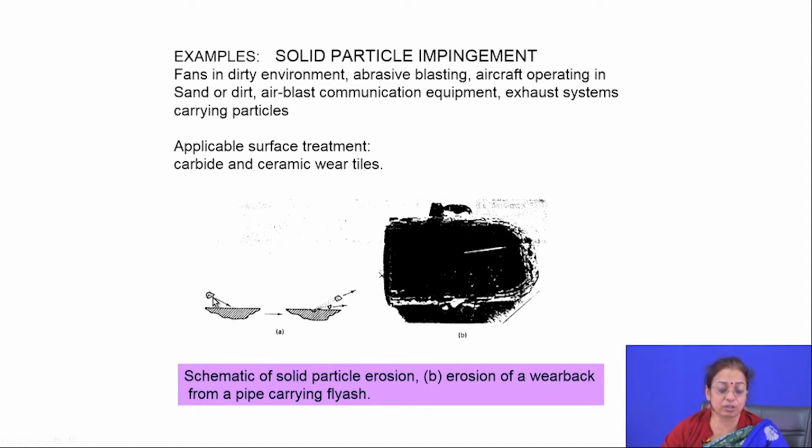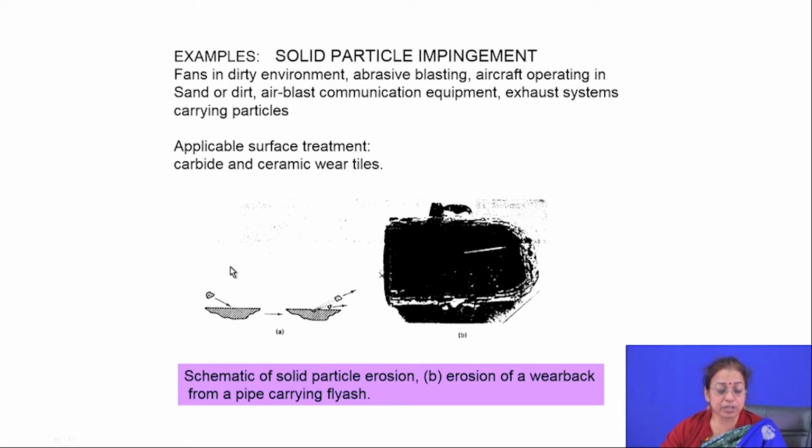When the energy associated with the particles is higher than the yield strength of the material, there is deformation, subsequent subsurface crack formation and failure of the material, and then material gets away from the surface. So, the mechanism may be any of these, depending on the sharpness, hardness and mass of the particles.